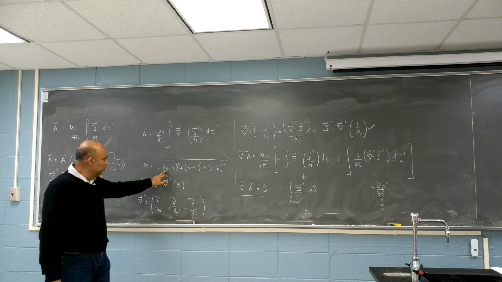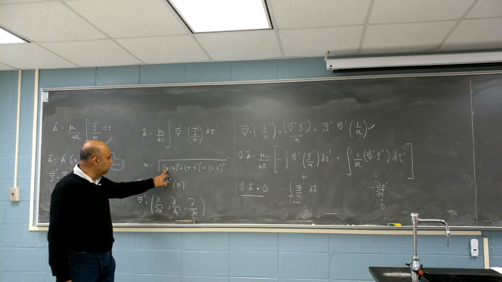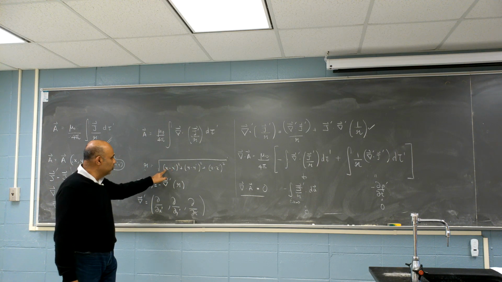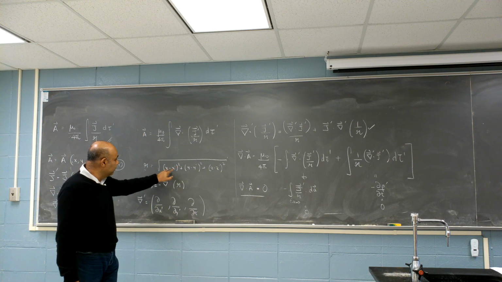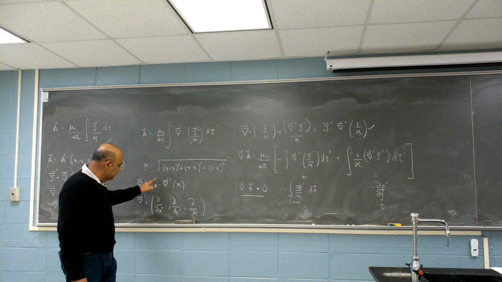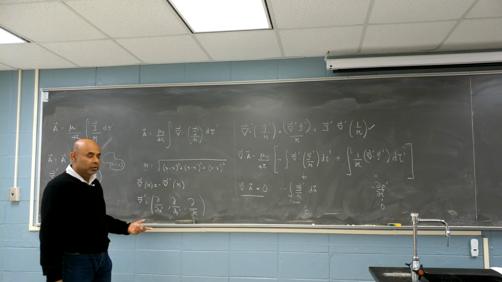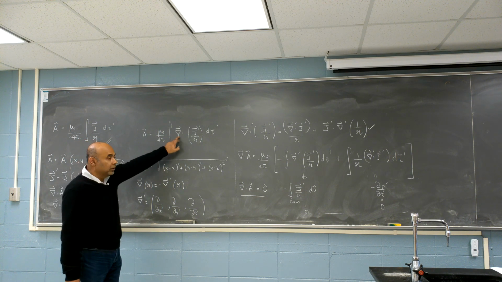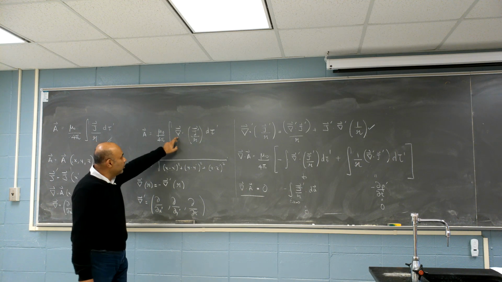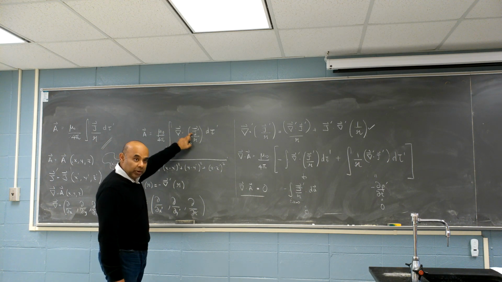If I take the derivative with respect to x, I'd get 2 times this times 1. If I take the derivative with respect to x prime, I get 2 times this times minus 1. And that minus comes all the way through. So that's why I'm doing the cheating. It was originally with respect to the unprimed variable. The unprimed variable does not act on the primed variable.